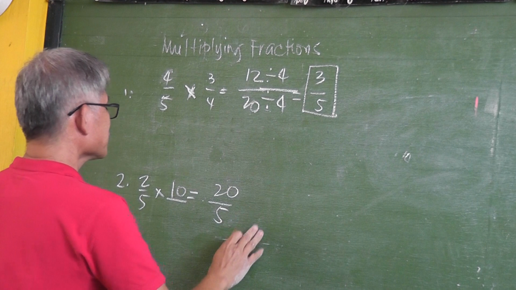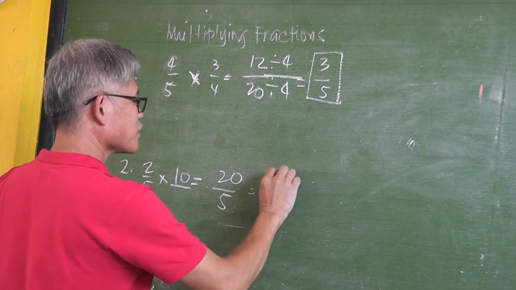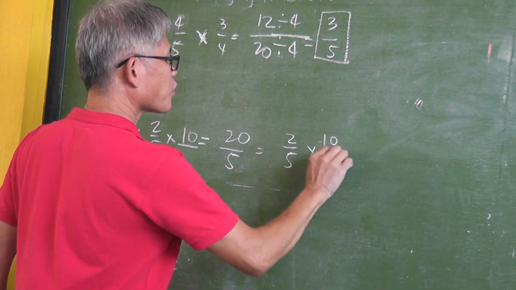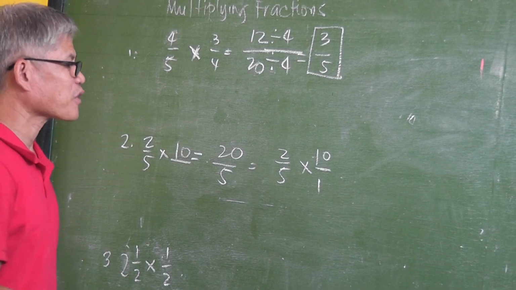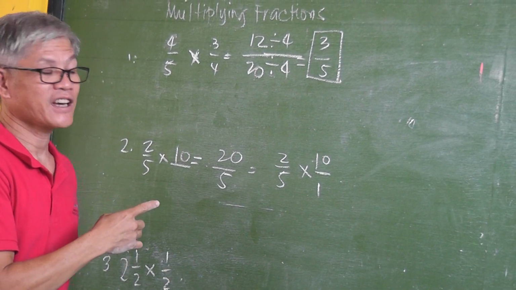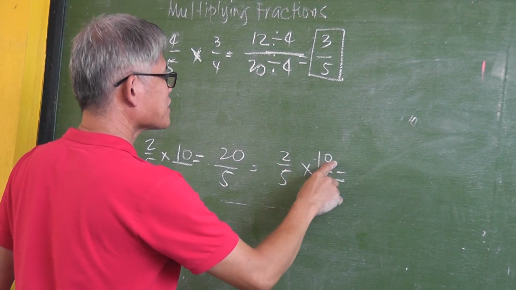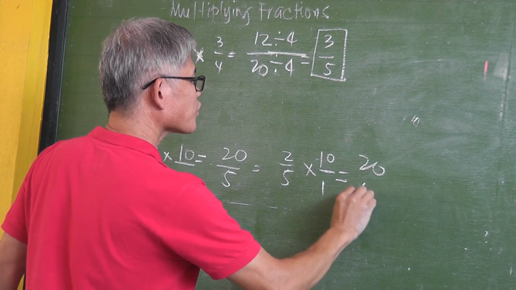Or we can multiply like this. 2/5 times 10 over 1, because the denominator of a whole number is 1. So the same. 2 times 10 is 20. 5 times 1 is 5.